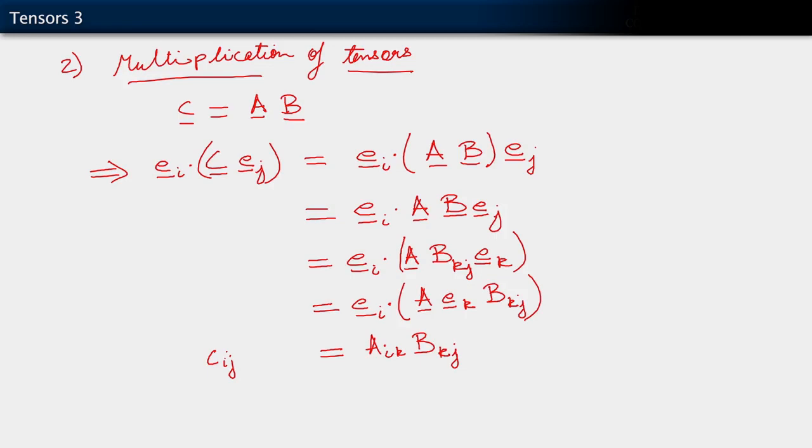Of course, you recognize this as a particular manifestation of your well-known rule of matrix multiplication. On the right-hand side, it is K that is being summed over. So we have Cij equals Aik Bkj.